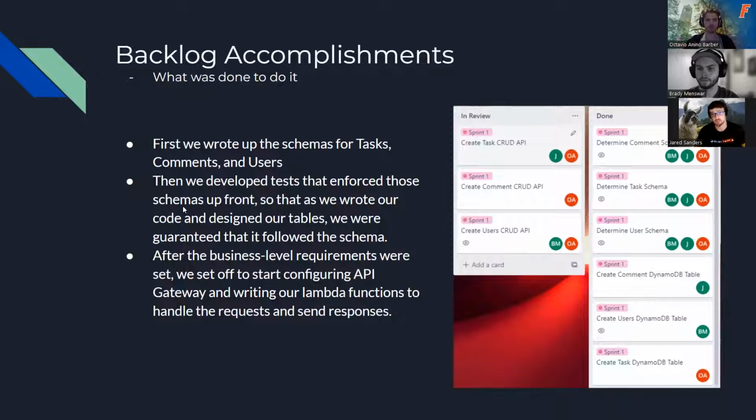We developed this test to enforce the schemas up front, and we used the Joi package to validate that, so we could make sure that the code that we wrote followed the schemas that we had already written. And then after we wrote the business level requirements, like the schemas and the table requirements, we started configuring API gateway and writing the Lambda functions to handle the requests and send the appropriate response.